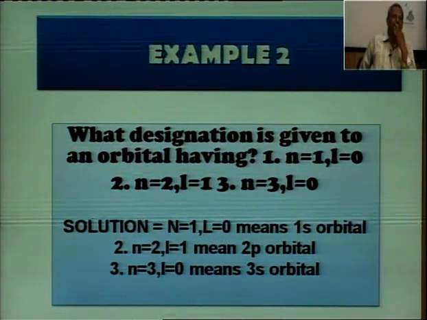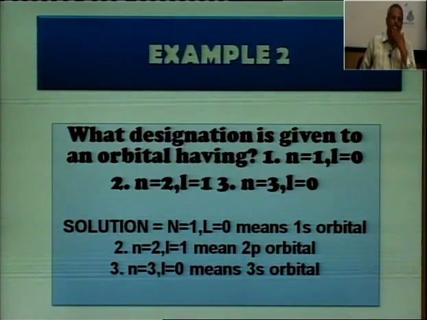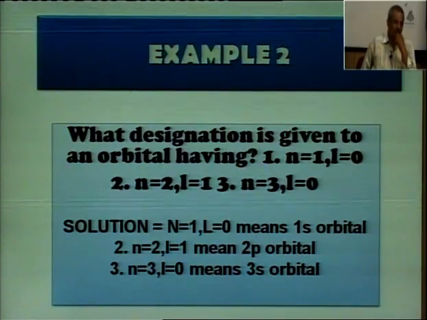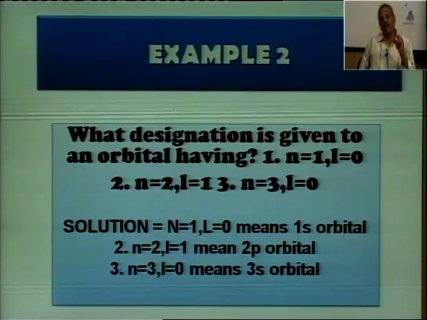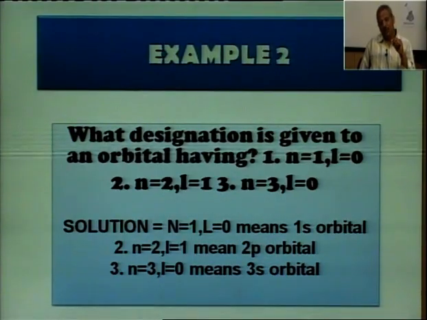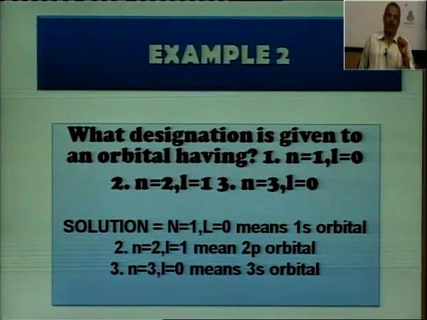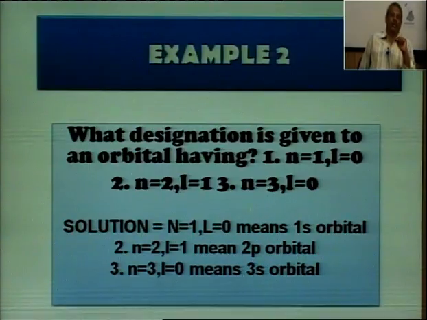If n is equal to 1, then the electron is present in the first energy level. L can only be 0, because L has values from 0 to n minus 1.